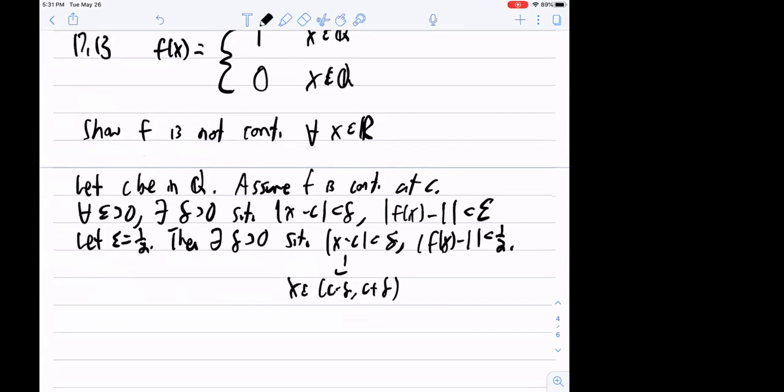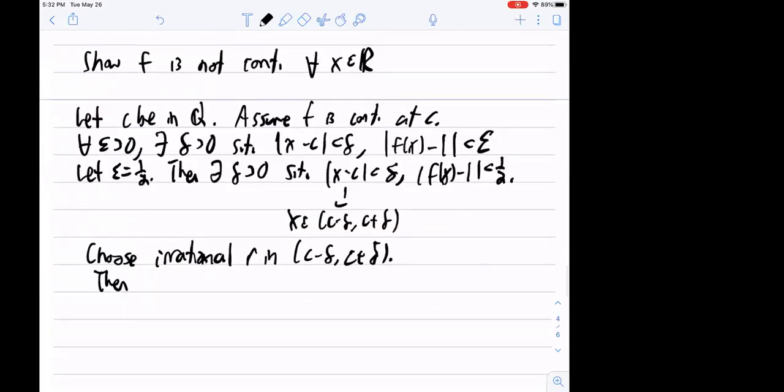Delta is fixed now, so choose an irrational in this interval, I'll call it R. Then |f of R minus 1| is |0 minus 1|, which is 1, which is not less than a half. So that becomes a problem.